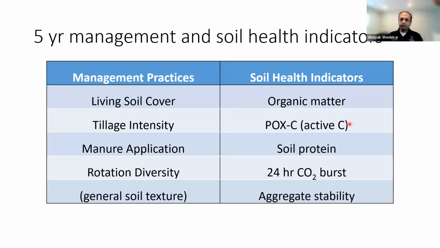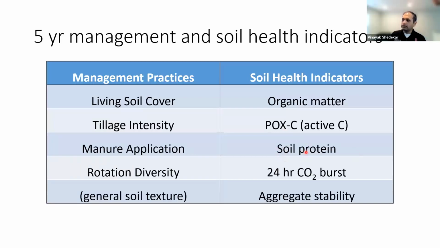Typically when you do your soil test and get the soil organic matter, they take a small sample of soil and burn that in the lab, and the difference in the weight is the total organic matter. The active organic matter is only the active portion of that, which plays a major role in the day-to-day processes.